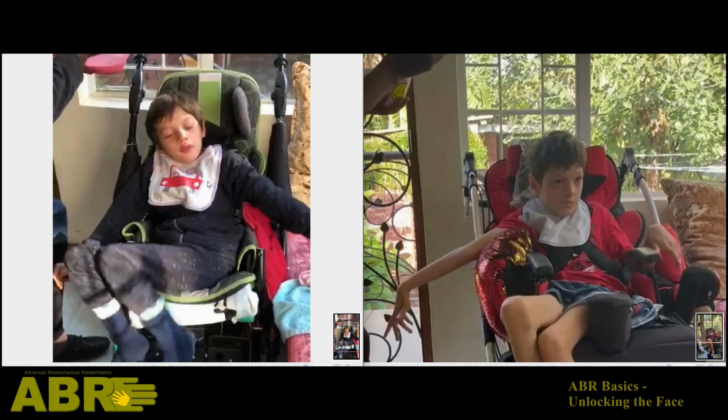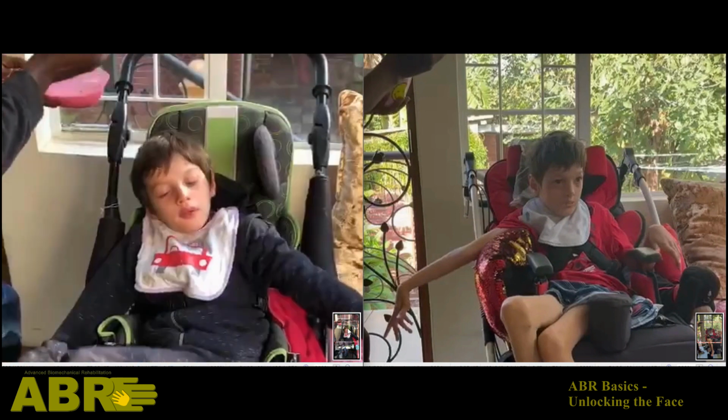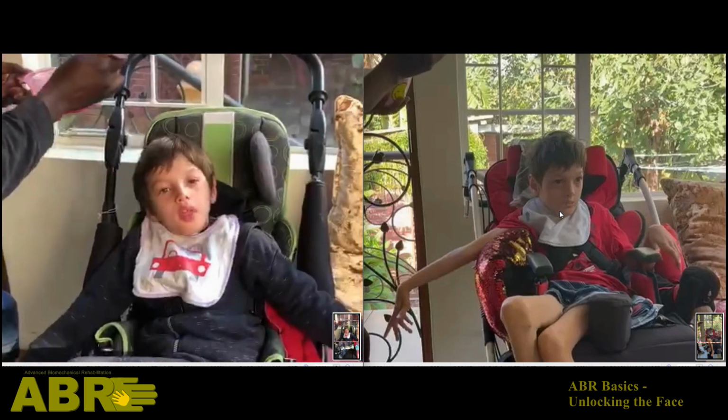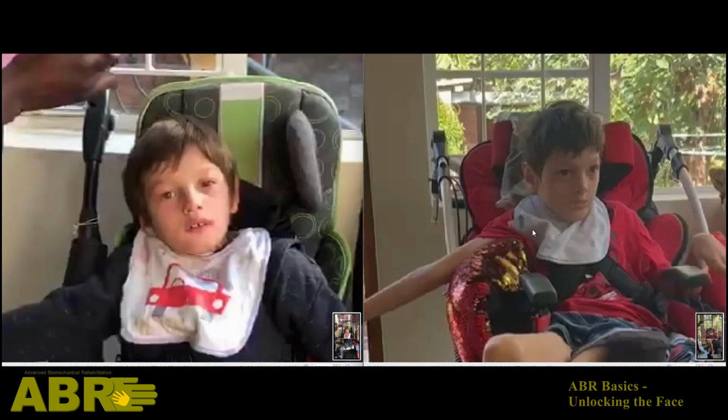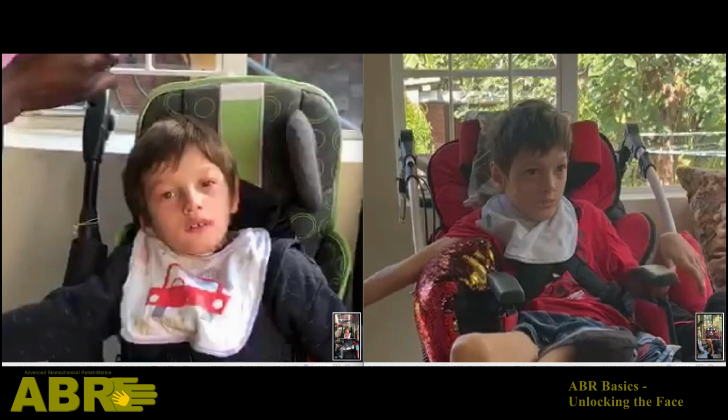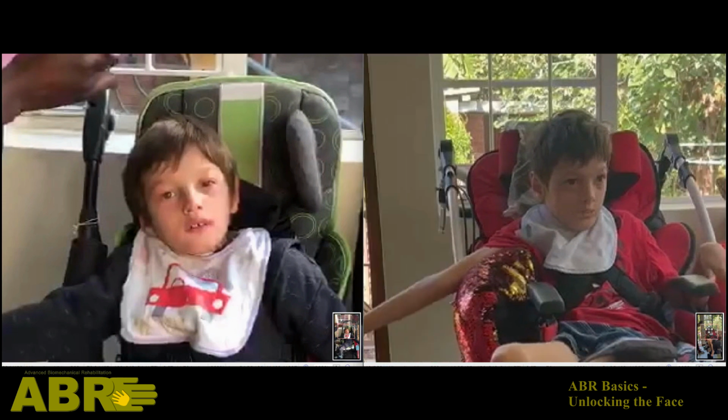So that's very clear. Again, we can see the big change also in the positioning of the head.